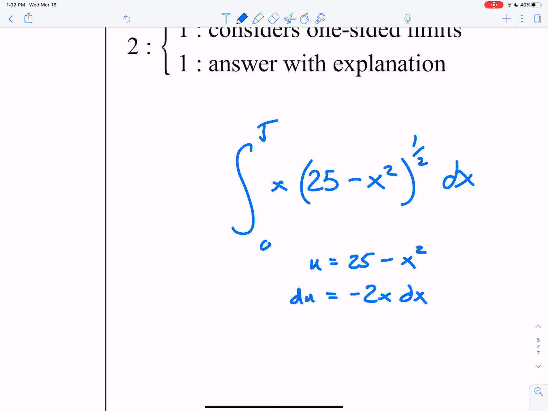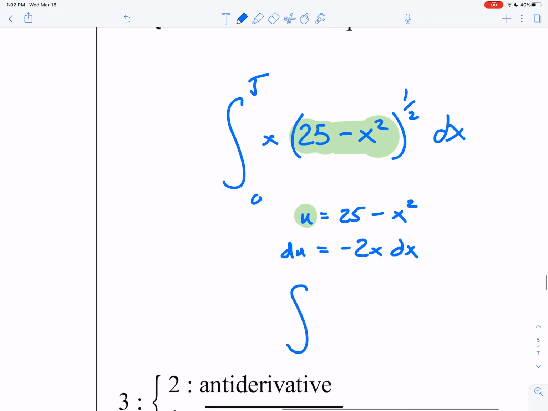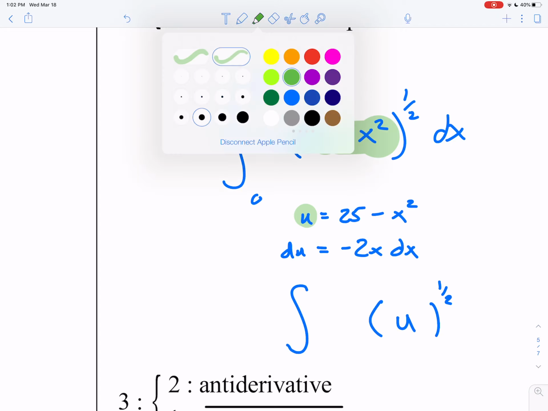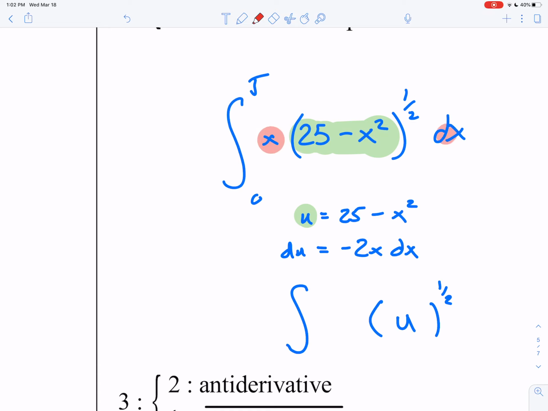So here's what happened so far. I am going to substitute 25 minus x squared for u. Okay? So as of now, I'm going to have the integral of u to the 1/2. But the thing is, I still have an x dx left over. And it's kind of there in the du.